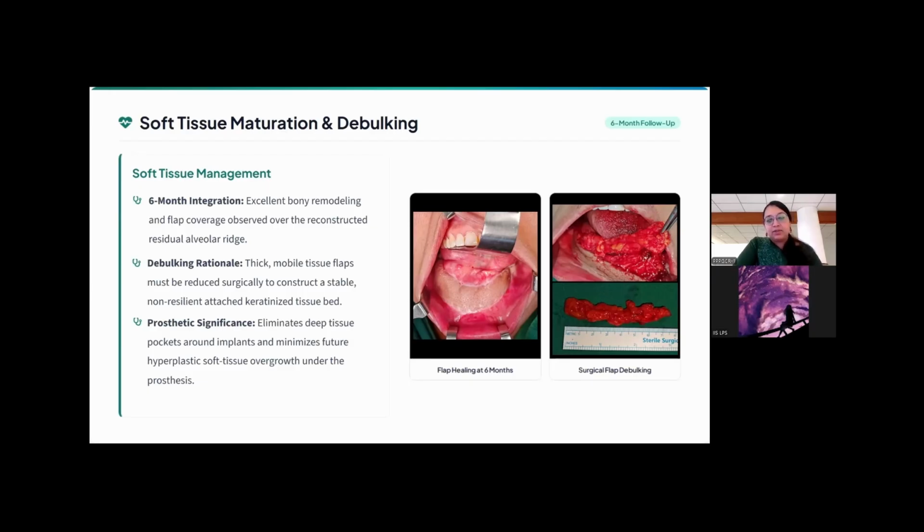Here we will be removing the thick mobile tissue flap so that we have a stable base for the prosthesis and keratinized tissue is present. If we skip this step, then we end up with the formation of pockets around the implants, which will prevent proper implant healing later on.